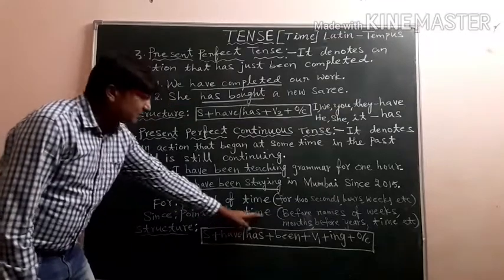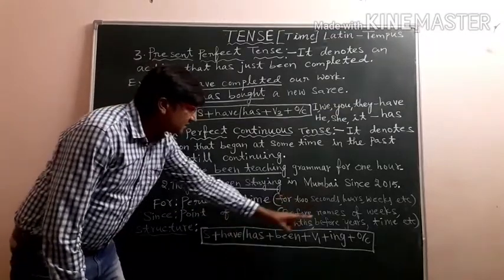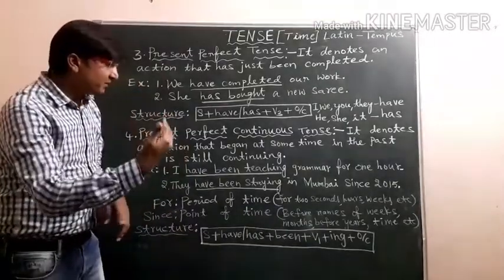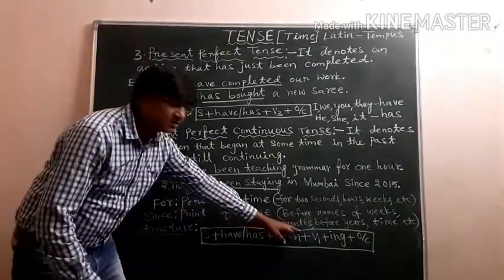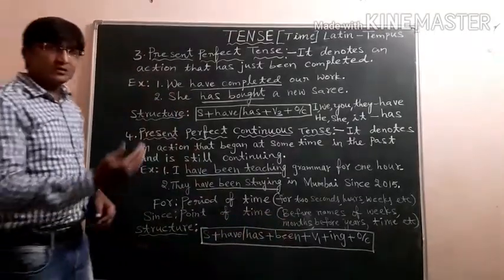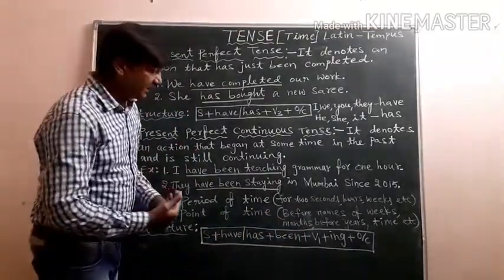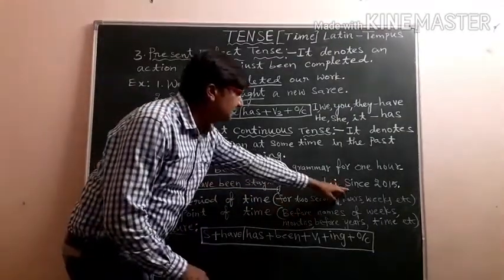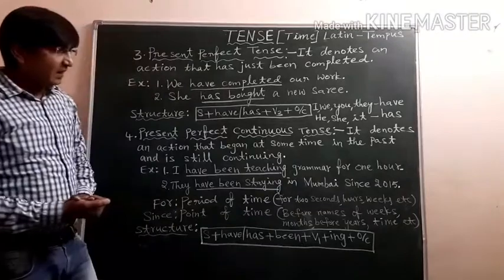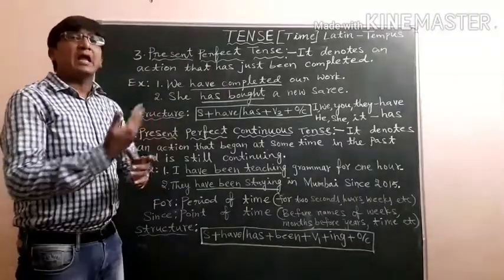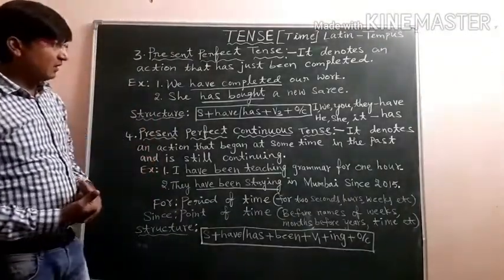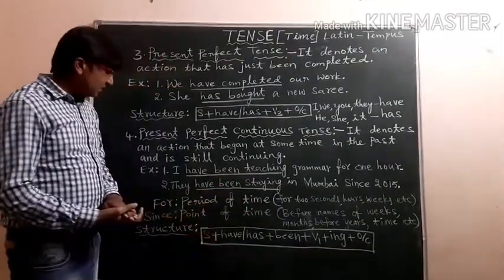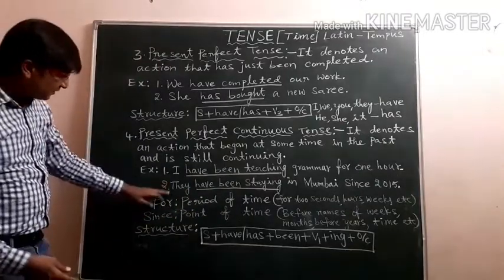Since is used before the names of days and months: since Sunday, since Monday, since January, since March. Also before years, since 2015, and before time, since 9 o'clock or since 5 o'clock. So in this tense we need to remember the use of for and since.